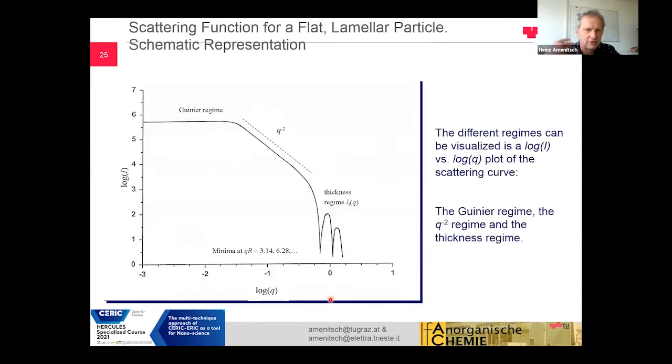And now going to the scattering function, it has again the features that you learn about the lateral dimension. So if you have a very thin disk, this would be the radial dimension of the disk. The 1 over q behavior is a two-dimensional extended structure. Here you would learn about this turnover region, you learn about the thickness.